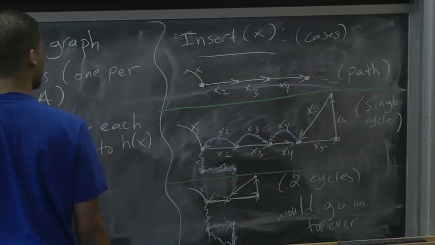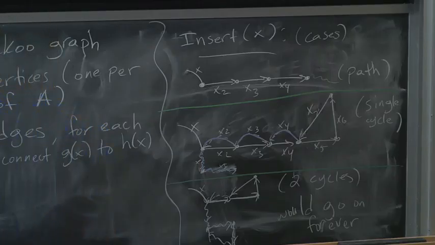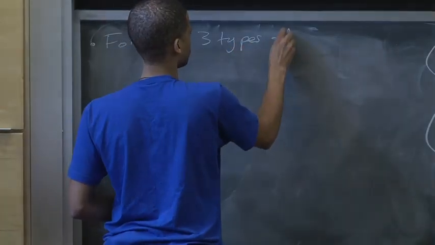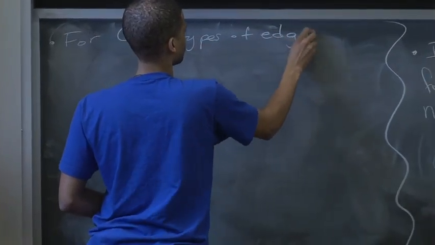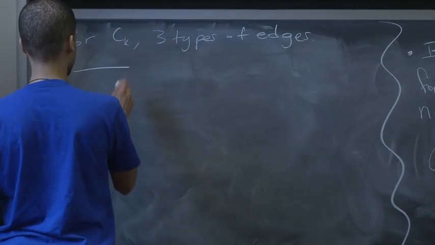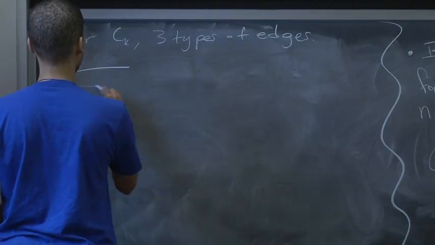Okay, so the point here is, you could redo the computation basically the same exact way I did it, but the main observation here is that for C_K, there are 3 types of edges, right? There's these edges, there's these edges, and there's these edges.